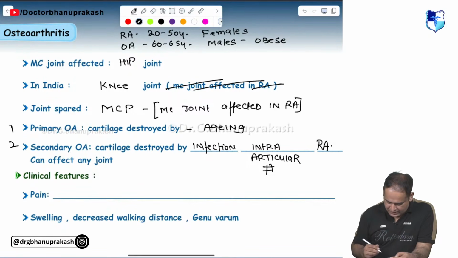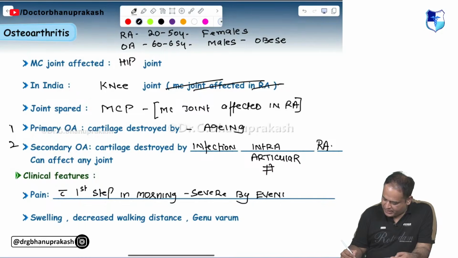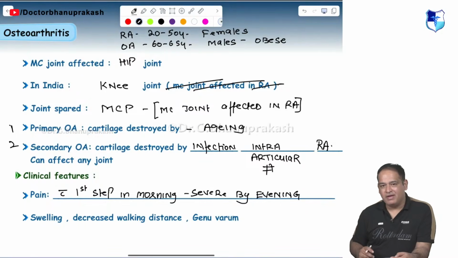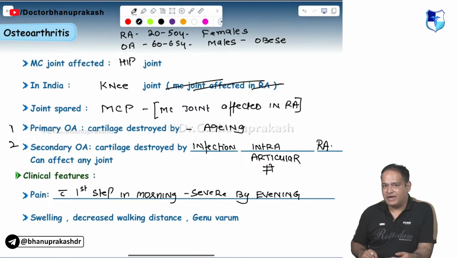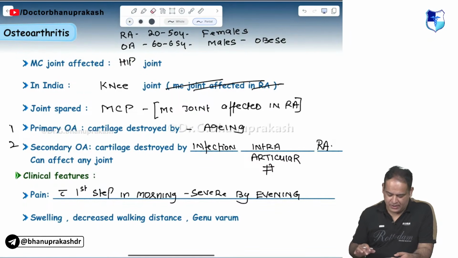Clinical feature: pain. Fine. Pain with the first step in the morning, and the pain is severe by evening. So, rheumatoid arthritis pain improves by evening, and here the pain will increase by evening due to wear and tear.